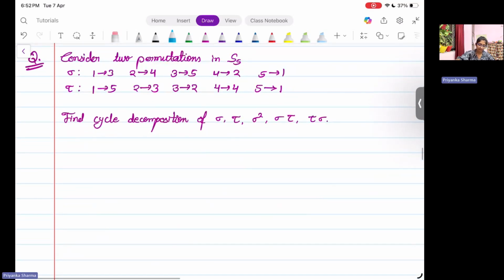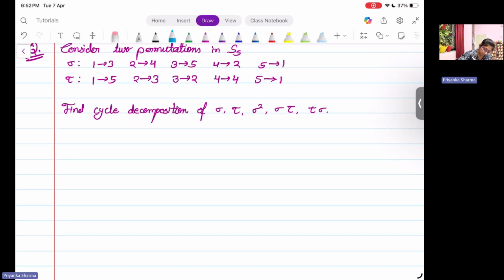Now consider this question. We have 2 permutations in S5, sigma and tau, and we need to write the cycle decomposition for these. So let's do it.